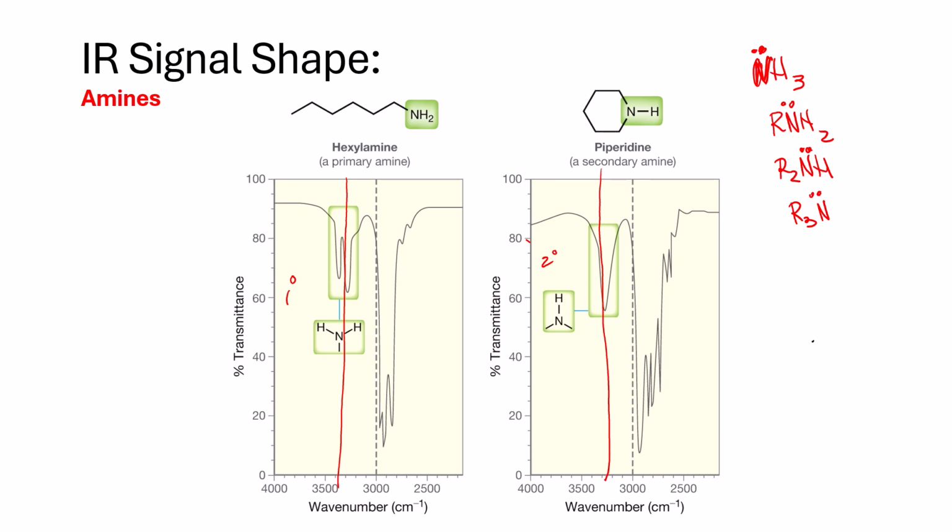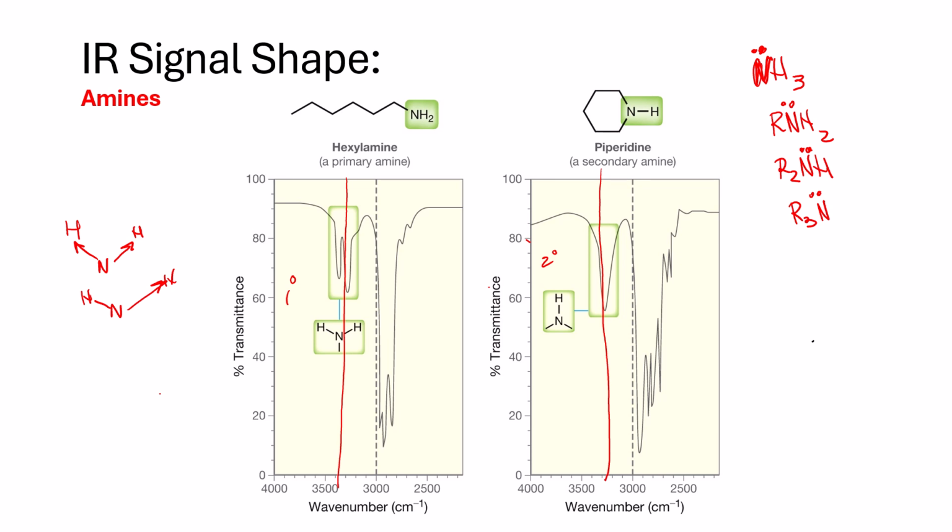And notice the difference: in one case, you have two H's, and you can have one vibrational mode stretching both simultaneously, or you can have one stretching and the other staying, and vice versa. So there are two vibrational modes. This is why in the primary amine we have these two signals. That's very characteristic in that region.